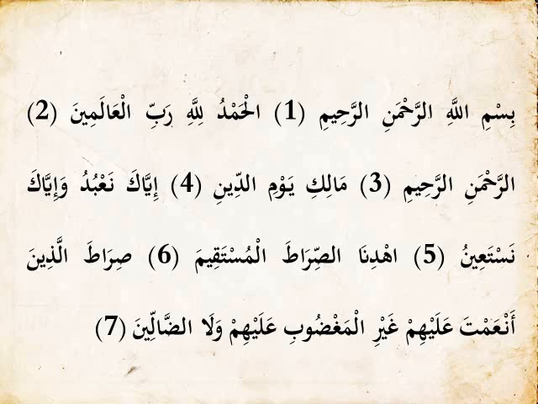The word Ar-Rahman, ismun. Ar-Rahim, ismun. Iyaka, you, ismun. Na'budu, we worship, an action, therefore fi'lun. Wa, and, a little word that doesn't make sense except if something comes after it, therefore wa is harfun. Iyaka, ismun. Nasta'inu, fi'lun, for example.